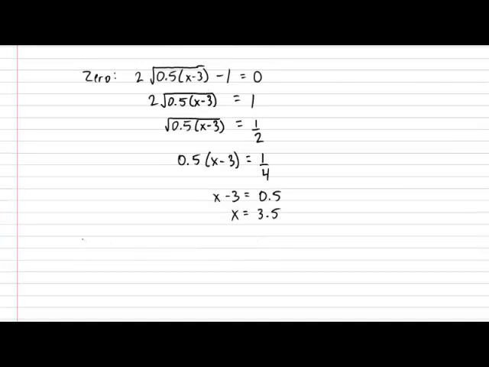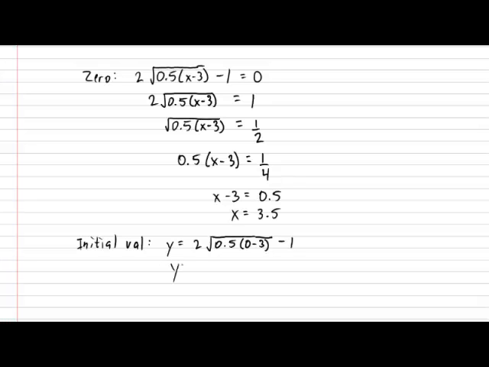And finally, let's calculate the initial value of this function. And strangely enough, in this particular function, sometimes you may end up with no initial value. So let's see what happens in this case. So y is equal to 2 multiplied by the square root of 0.5 times 0 minus 3, and then minus 1.